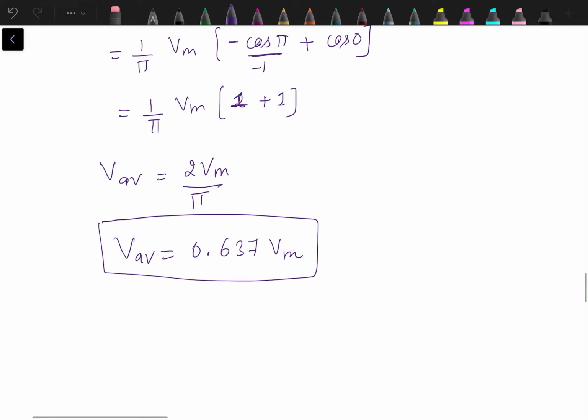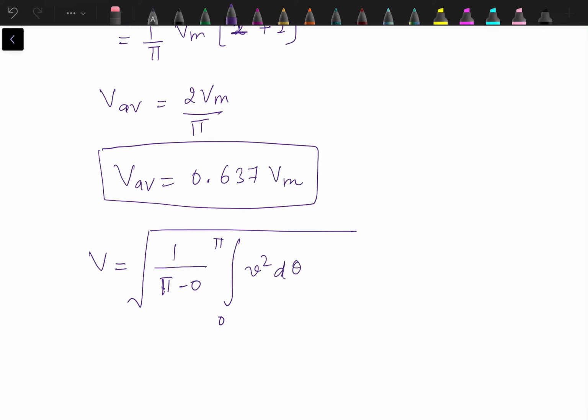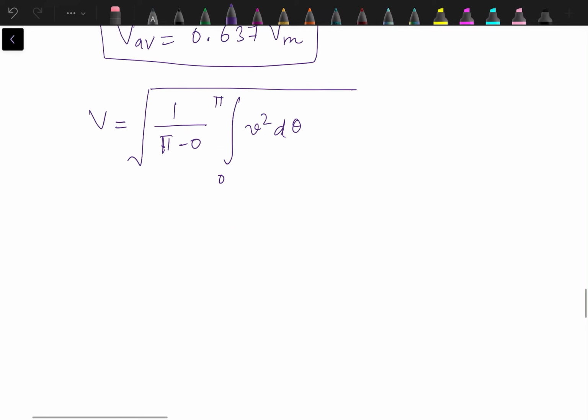Next we have to calculate the RMS value. RMS value we denote simply by V. It's under root 1 by (T2 minus T1), where T2 is pi and T1 is 0, integration from T1 to T2 of v square d theta. So it's under root 1 by pi, integration from 0 to pi of Vm square sine square theta d theta.